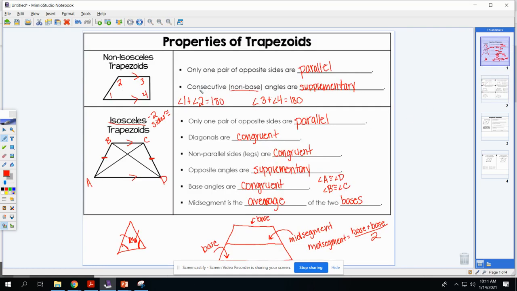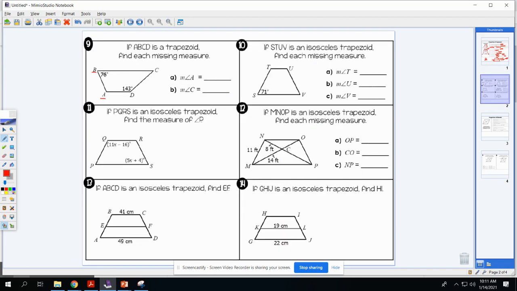Well, this property right here, consecutive non-base angles are supplementary. So the two angles that do not lie on the same base add up to 180. So 76 and angle A here are going to be supplementary. So to find angle A, we need to do 180 minus 76.